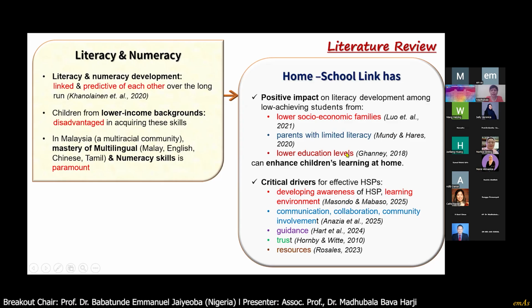This did not hinder their involvement, nor the development in enhancing the children's learning at home. We also found critical drivers of factors that affect effective homeschool partnership. As you can see here, I'm not going to read each one out, but these are some of the factors that look here as drivers.